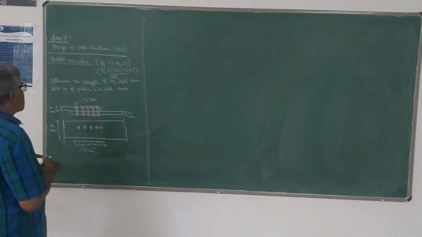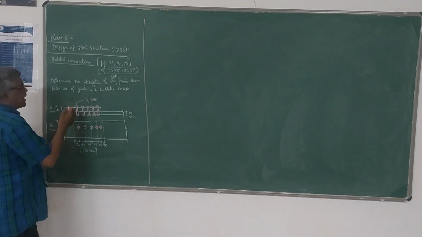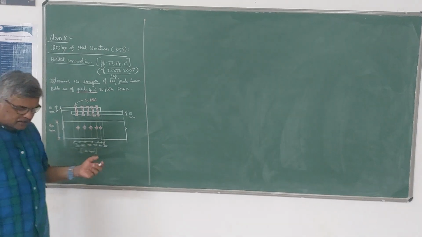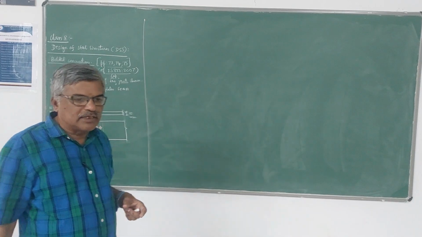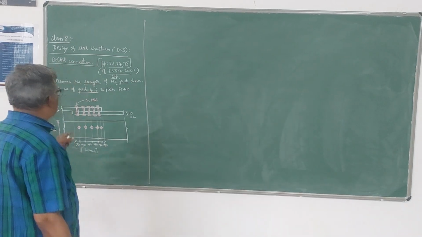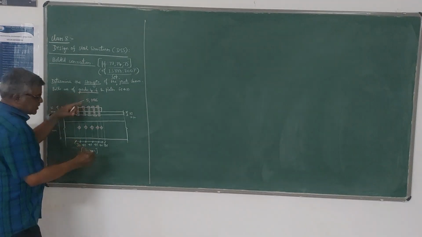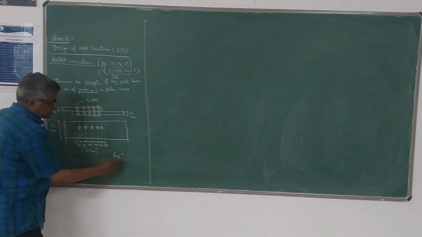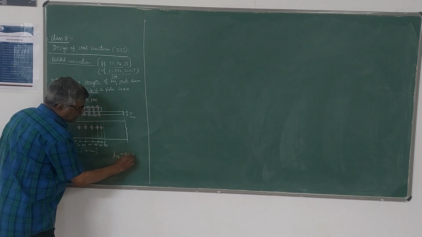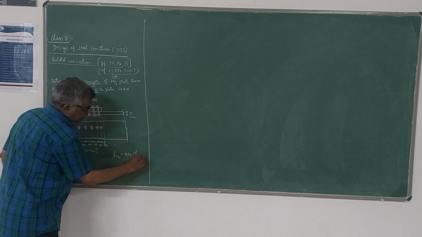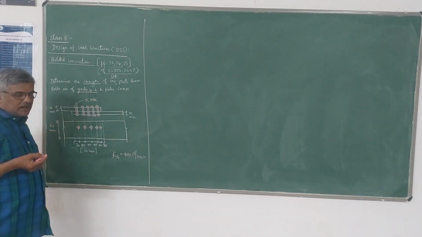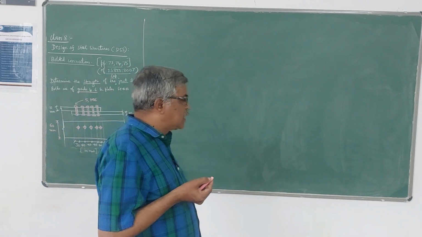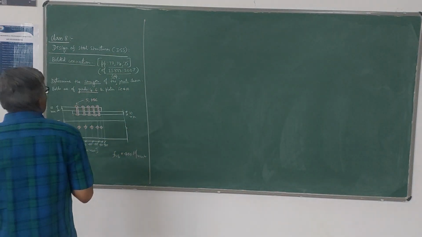So normally bolts will be of different grades. Here there are mainly two types of bolts. One is the common bolts, that is black bolts, grade 4.6, whose strength is fub, the ultimate tensile strength of the bolt, which is 400 Newton per mm square for black bolts. And another type of bolt is the friction bolts, high strength friction bolts.